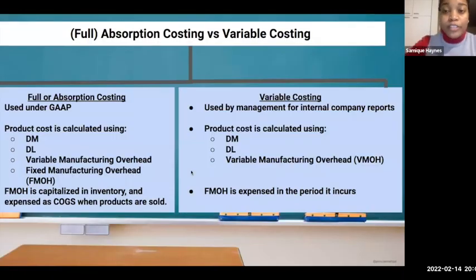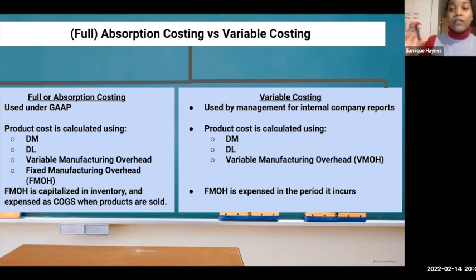Full costing versus variable costing. So what we just did there, the old income statement, is called full or absorption costing, which means we're just keeping the full cost of goods manufactured. We're not separating the variable from the fixed, it's full. The variable costing one is like the contribution margin income statement from last week, where we're separating the cost of goods manufactured.